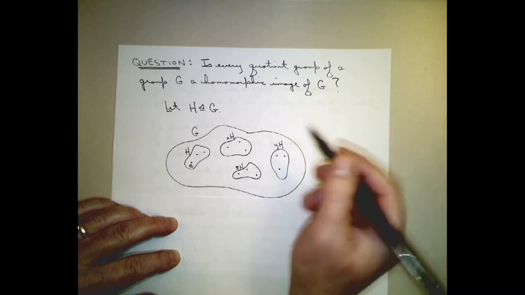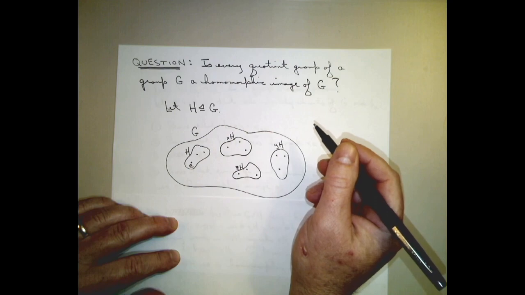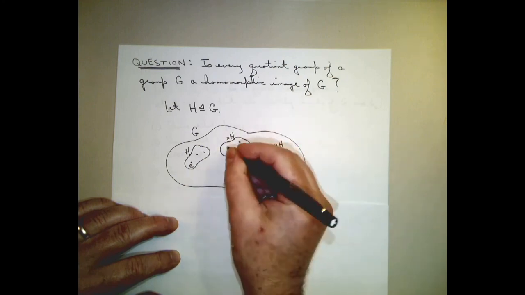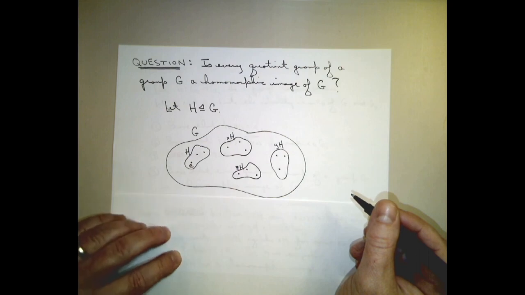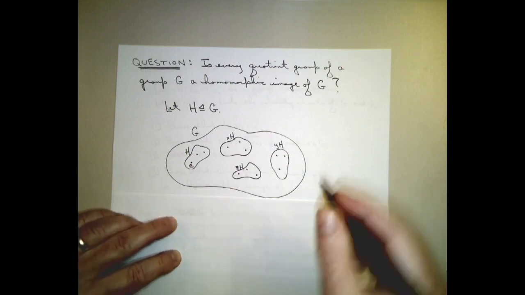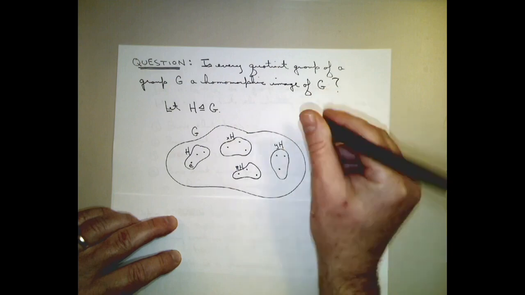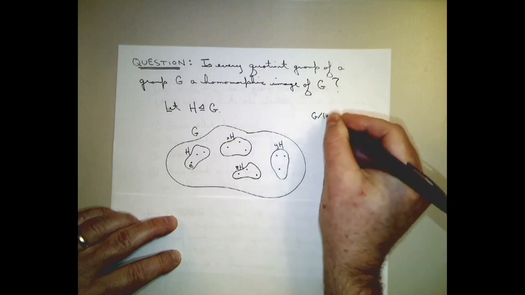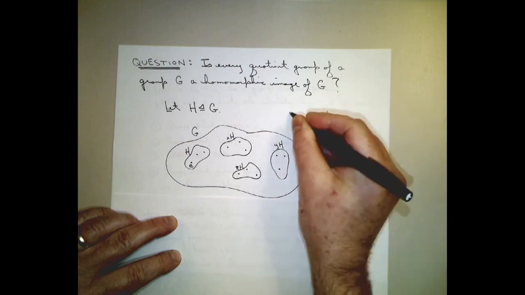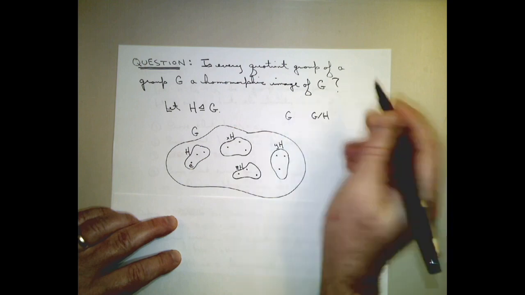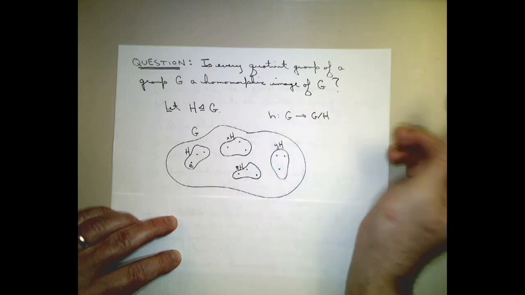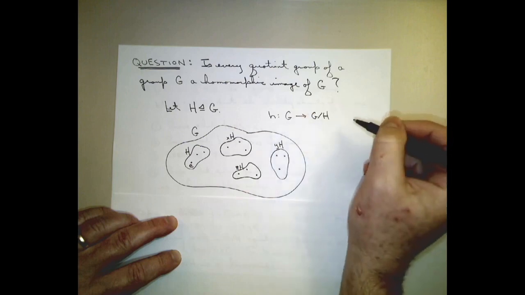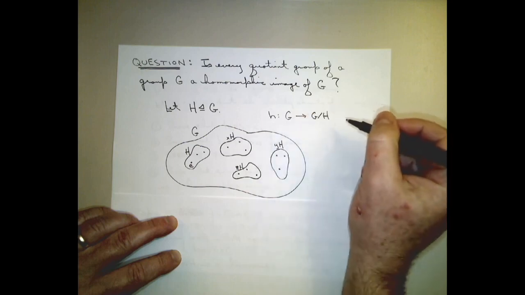And what's a natural function to claim might be a homomorphism? Where should I send, for instance, E? To what coset should I send E? What I'm trying to decide is whether G mod H is a homomorphic image of G. So I need to define a function from G to G mod H and prove that it turns out to be a homomorphism.